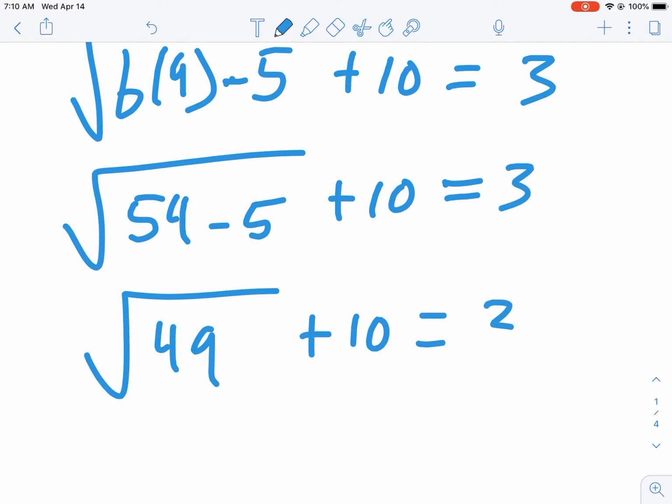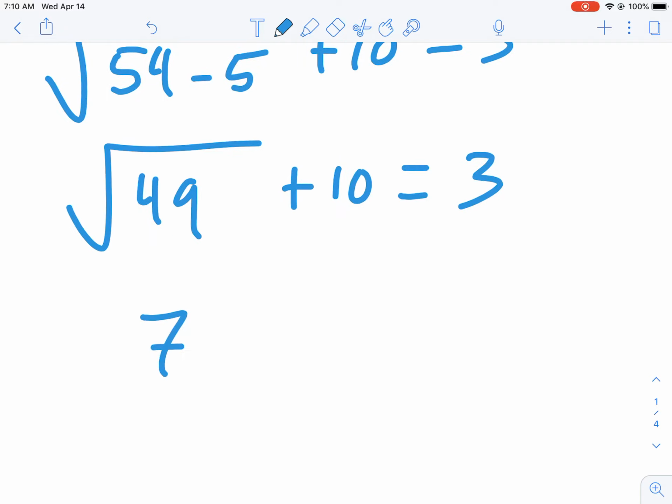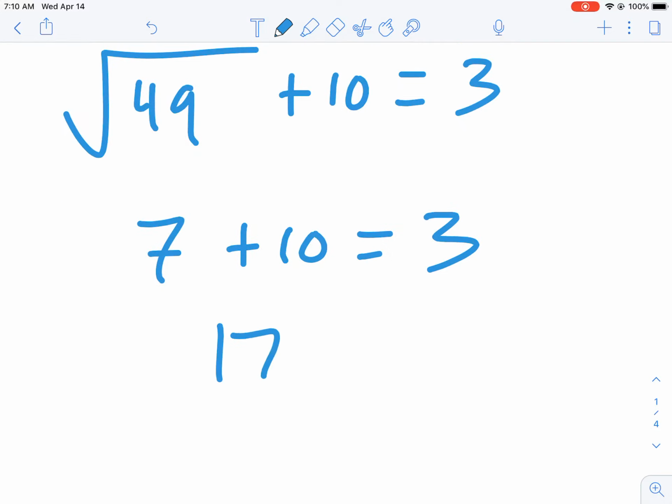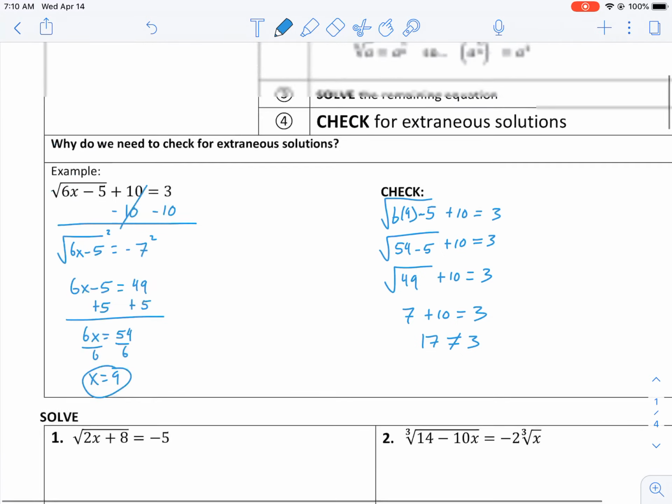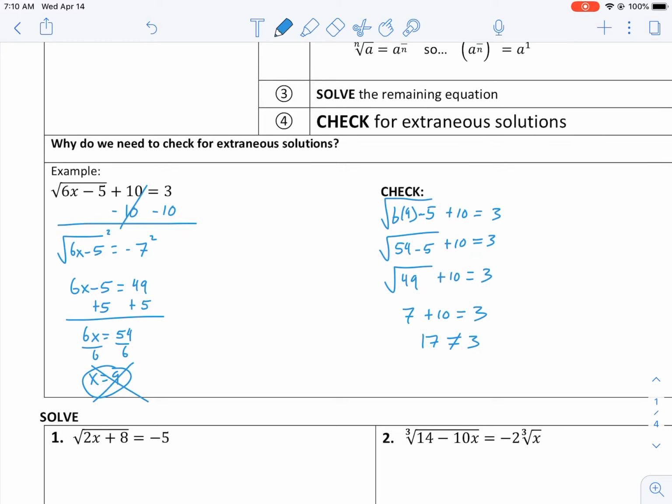Plus 10 equals 3. The square root of 49 is 7. And it becomes clear here that 17 does not equal 3. So x equals 9 is not a solution. It's an extraneous solution.